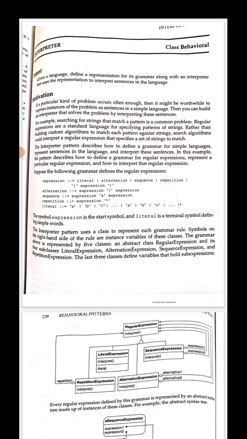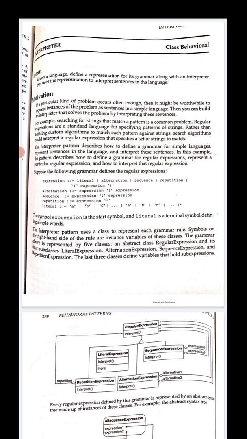Literals are A, B, C, given within single quotes. Literals are terminal symbols defining simple words.